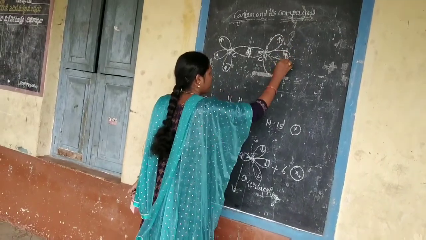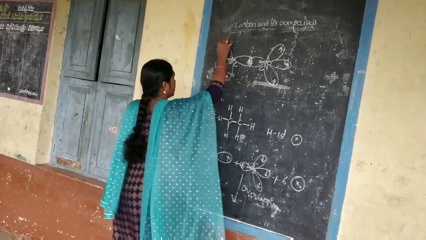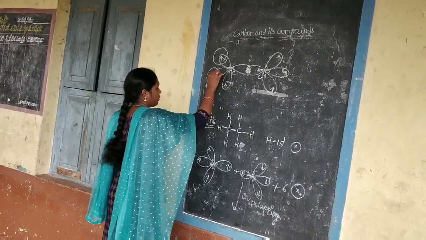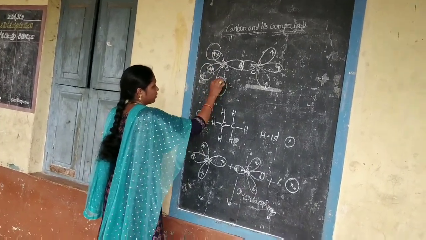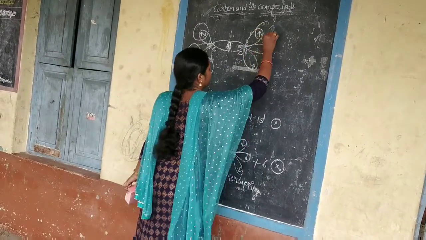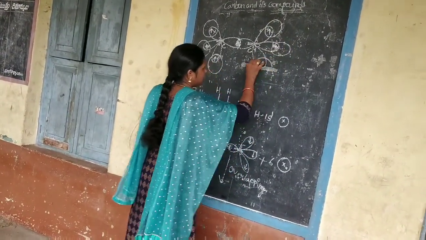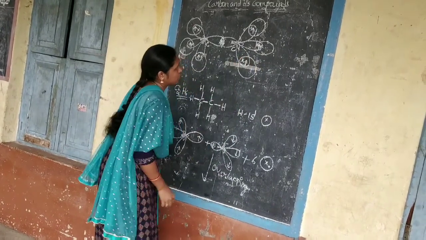So each hybrid orbital is overlapped with the s orbital of hydrogen. The s orbital of hydrogen. So there are 6 hydrogens forming 6 end-on overlappings, that means 6 sigma bonds.